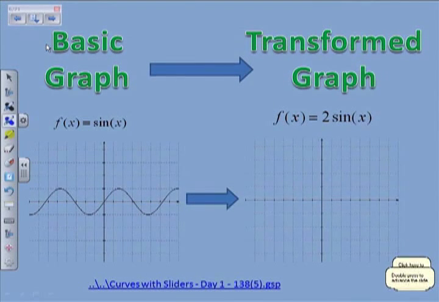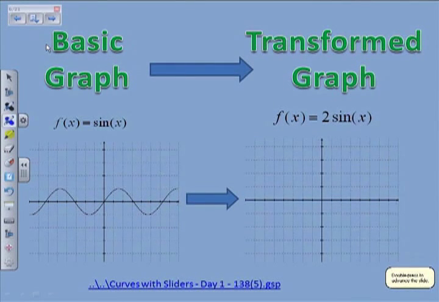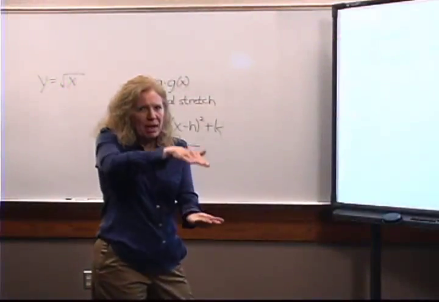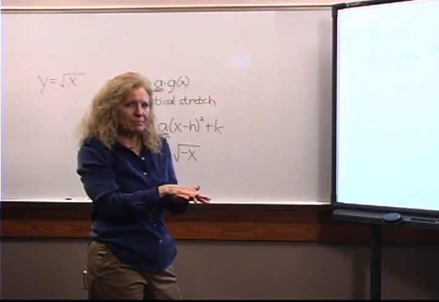So if I see this particular equation, what have we learned from playing over there with Sketchpad? Well, we've got 2 times. Now that is an A or a B because it's multiplication. Because he's happening after the function, post-op, he is the A number. And the A number is all about vertical shift.